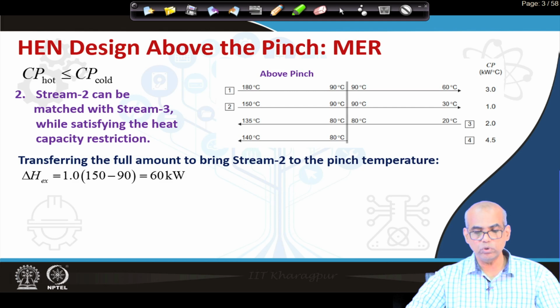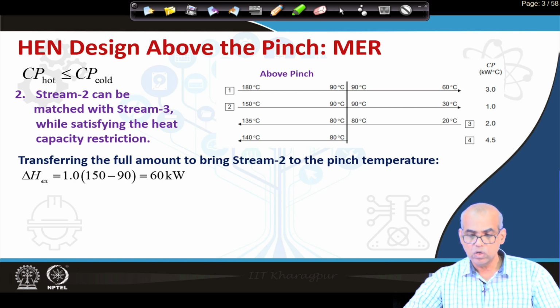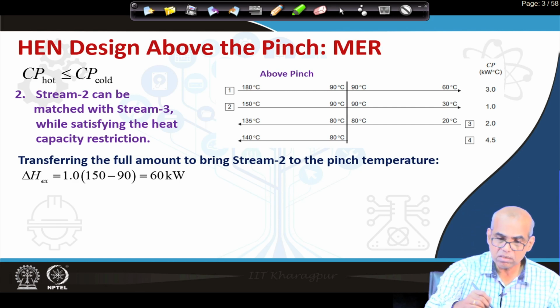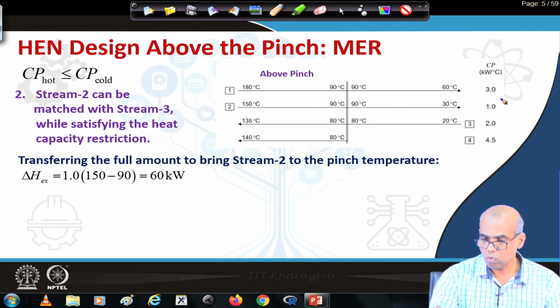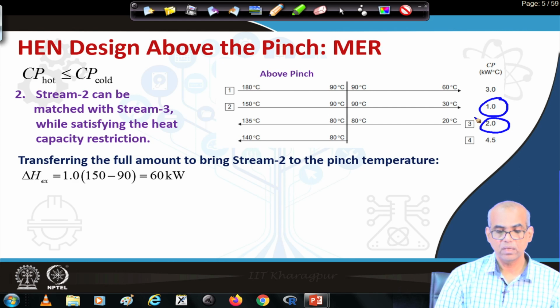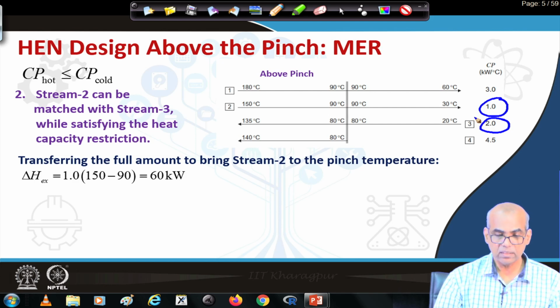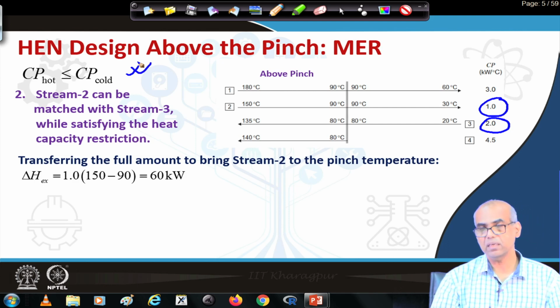So, now let us look at stream 2. Stream 2 is another hot stream, which we can match with stream 3 because stream 2 has Cp value 1 which is less than the Cp value of stream 3. So, stream 2 can be matched with stream 3 and this is satisfying the Cp hot less or equal to Cp cold feasibility condition.